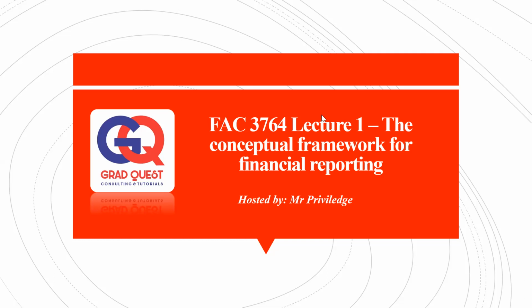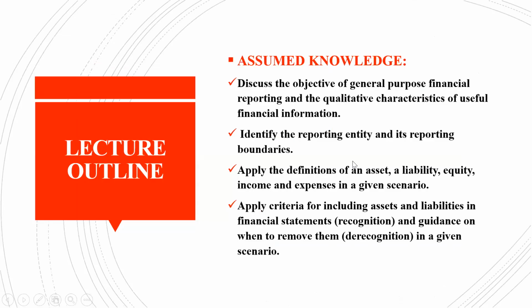Obviously this is the first learning unit, or the first topic, that you need to know with respect to the module. So what are the assumed knowledge, or what we normally call learning objectives, with regards to this concept?